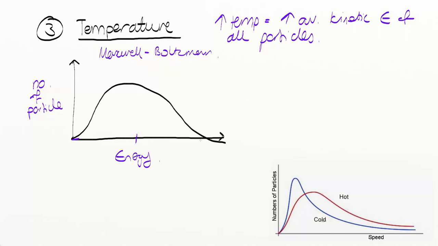But as I go up to a high level of energy, there's a small number of particles. So let's say this is some water, it just means there's a small proportion of these particles which are moving really fast, a small proportion of particles with a high level of energy, a small proportion with a low level of energy, and a big proportion of particles with a medium level of energy.